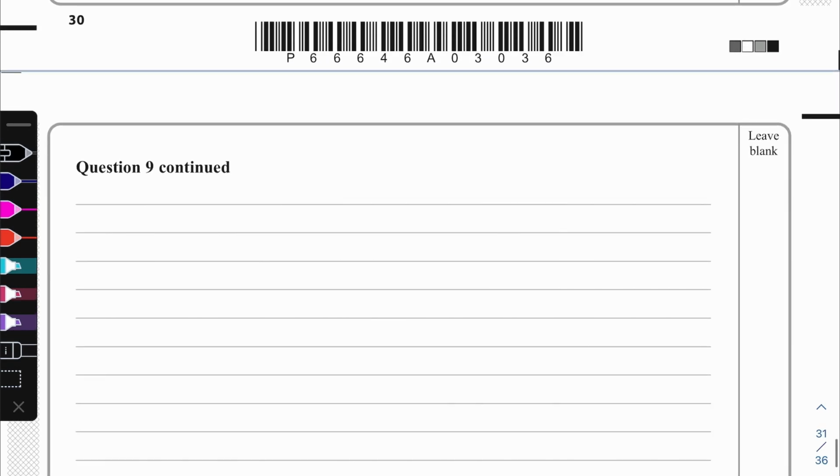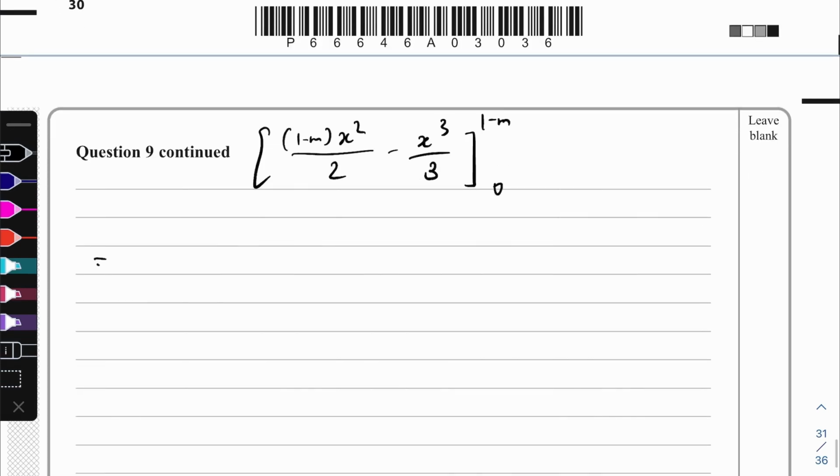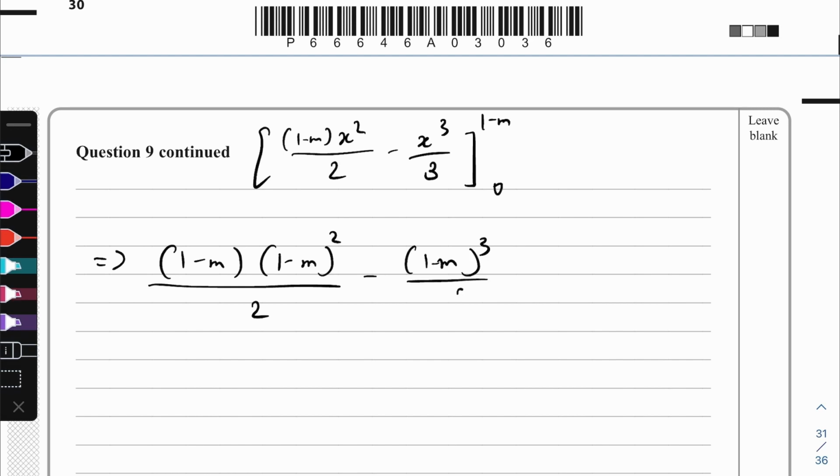So now we have the limits. I'll draw it here again: (1 minus m)x squared over 2 minus x cubed over 3, with the limits 1 minus m to 0. This gives us (1 minus m) times (1 minus m) squared over 2 minus (1 minus m) cubed over 3, and this is obviously taken away by 0.